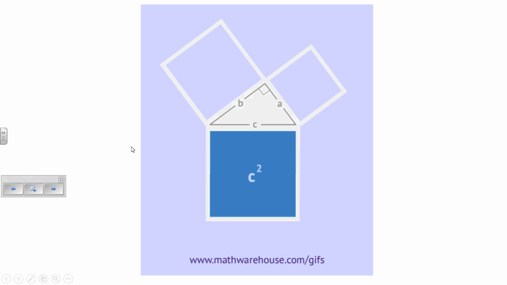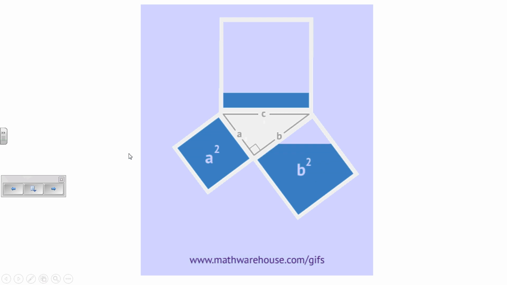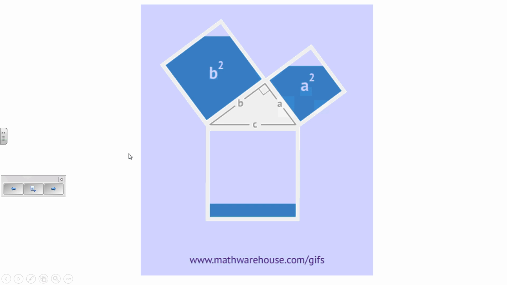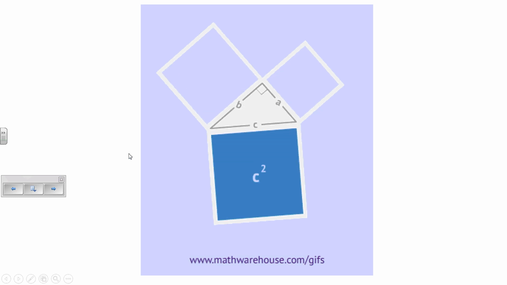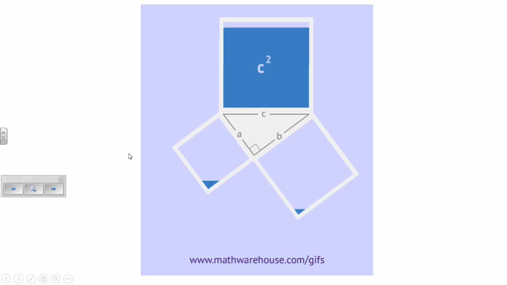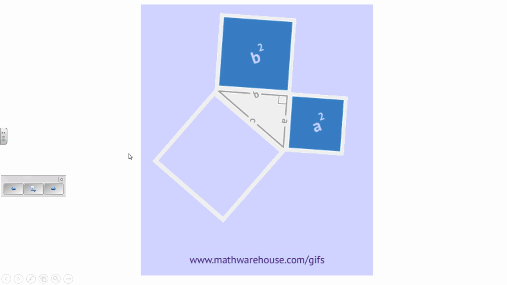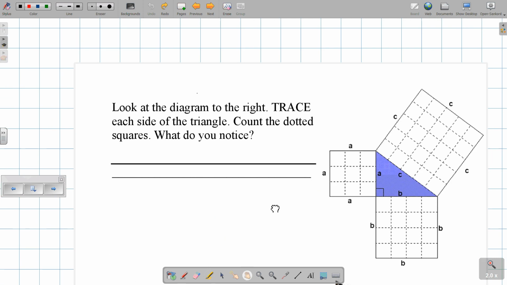This animation, in a very simplistic way, a very physical way, is showing you that the square of the short side plus the square of the other leg in a right triangle equals the square of the hypotenuse. You commonly know this as a squared plus b squared equals c squared.